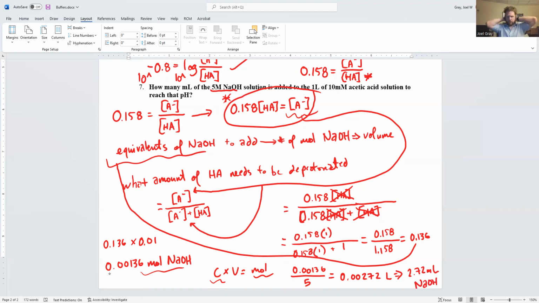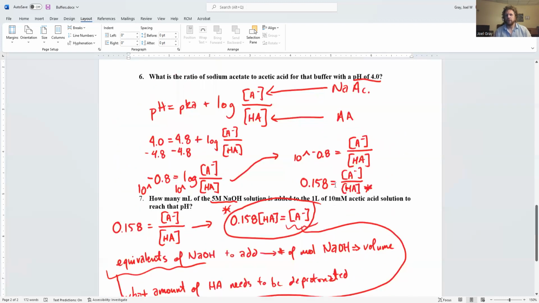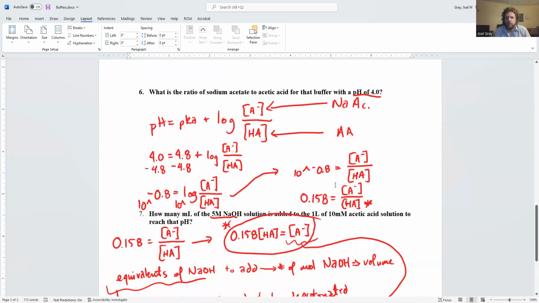Okay, so just to recap, I would say that the most direct portion of this particular problem was working with the Henderson-Hasselbalch equation. You had your pH, you had your pKa, navigating that log and using the anti-log function in your calculator gave you that ratio of your two concentrations.